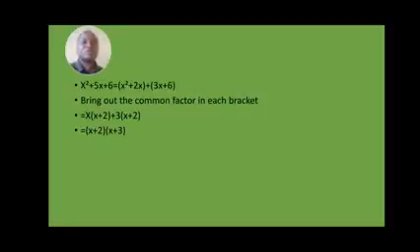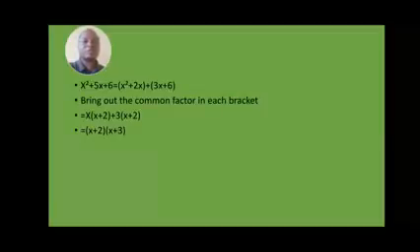We have x squared plus 5x plus 6 equal to x squared plus the two factors we put in between the first and the last: x squared plus 2x plus 3x plus 6. And you put them in brackets, in pairs. When you do that, you will now bring out the common factor in each bracket.